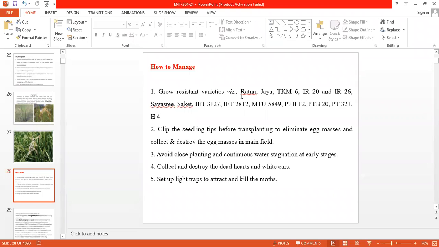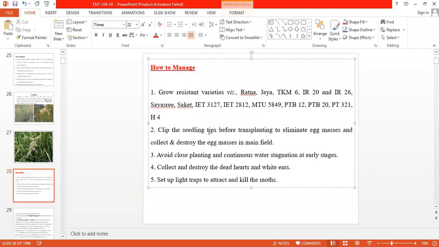Then this is the mechanical practice. In that, clip the seedling tips before transplanting. Before transplanting, we should clip the seedling tips, because the moths mainly prefer the upper surface of leaf tips for the deposition of their eggs.